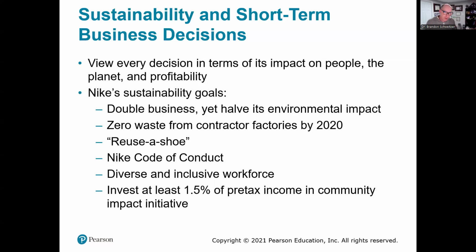Nike has a code of conduct that they use for their employees to promote a good working environment. They have a diverse and inclusive workforce that promotes a good working environment. And on the profitability side, invest at least 1.5% of pre-tax revenue in the community with respect to initiatives. That typically helps to bolster the local economy and also eventually has an impact on the triple bottom line.